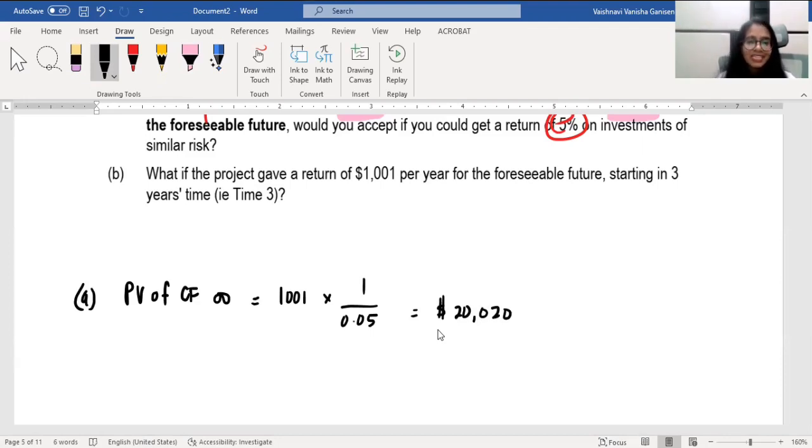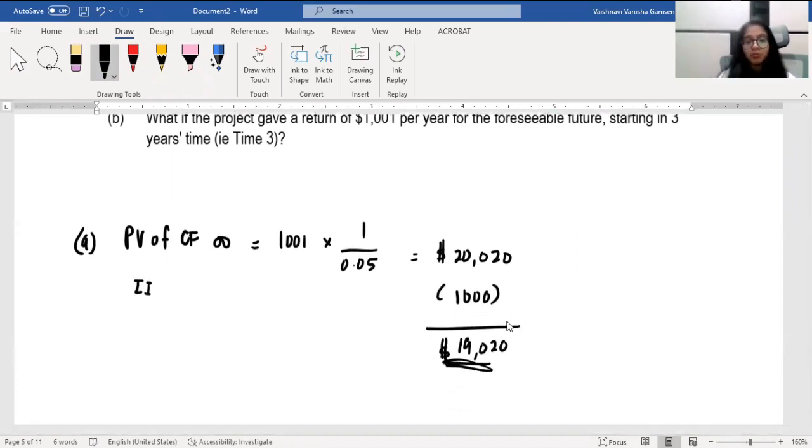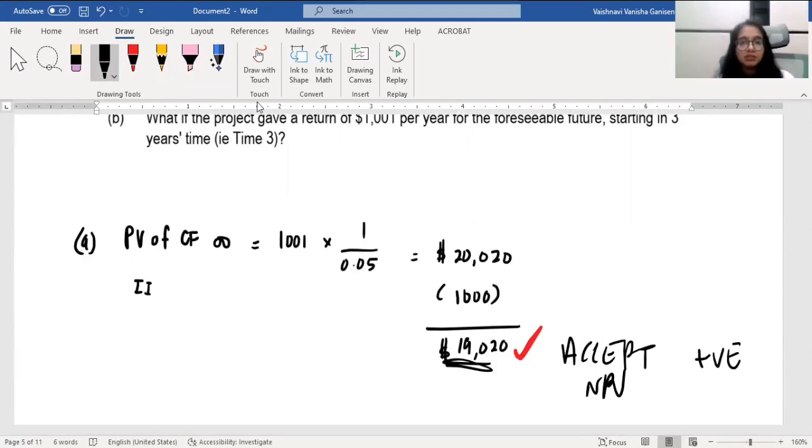If you deduct your initial investment of 1,000, your net cash flow is 19,020. This is your NPV. Would you accept or reject the project? You would definitely accept the project because it's a positive NPV, meaning benefit is higher than cost. It is financially viable.